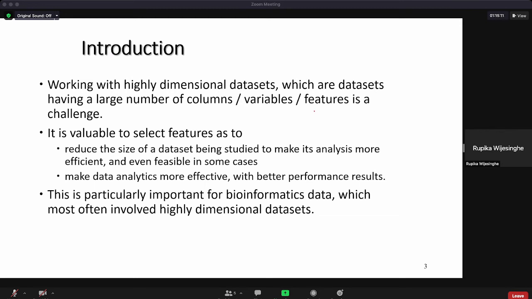High dimensional data means we take rows and columns, and we will say a large number of columns, variables, features.